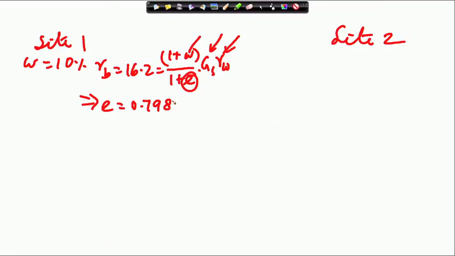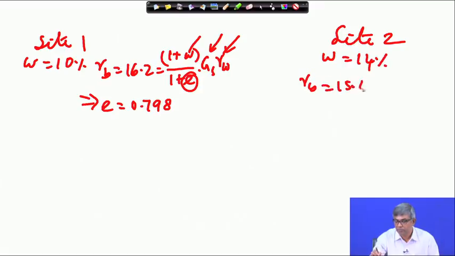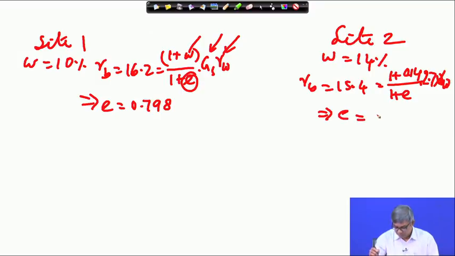Then for site 2, again water content is given, 14%, and gamma bulk is given, 15.4, which equals (1 plus 0.14) divided by (1 plus e) into 2.7 into gamma W. This gives you e equal to 0.96.